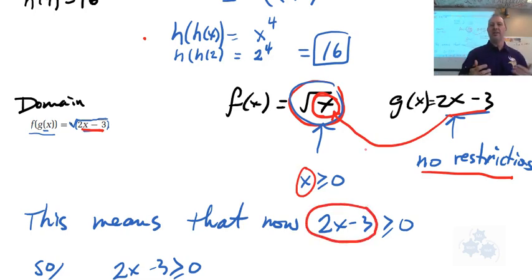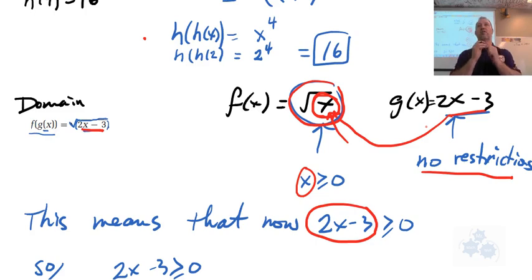So it's not necessarily an overlap, but it's kind of the same. You take both into consideration. But if you have a restriction on the outside function, that restriction has to be applied to the inside function. So let's say it that way. I'll say that one more time. If you have a restriction on the outside larger function, that restriction has to be applied to the inner function.